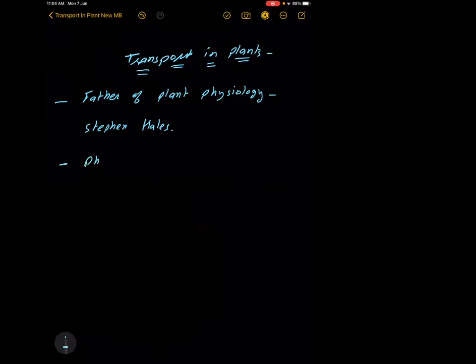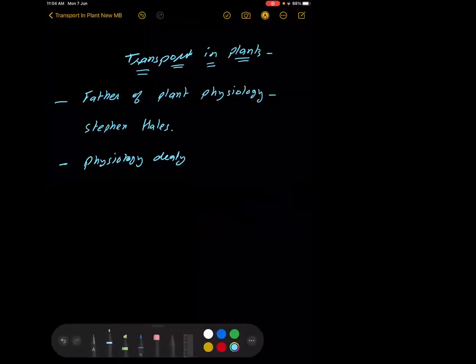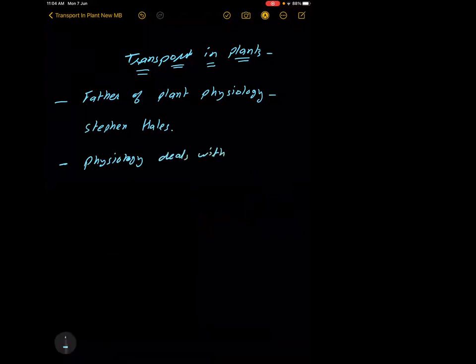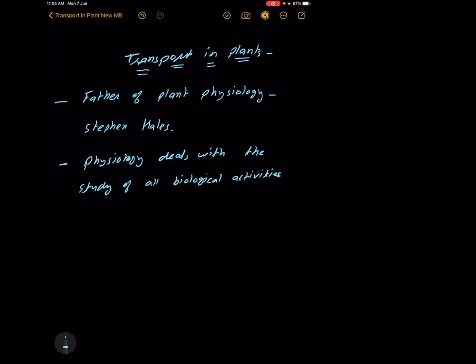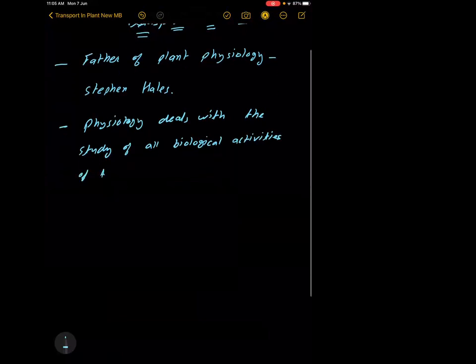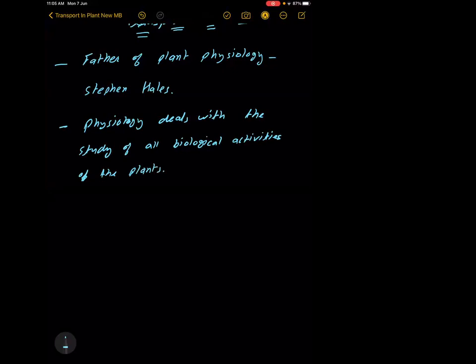Physiology is a branch of science that deals with the study of all biological activities of the plant. This is physiology.